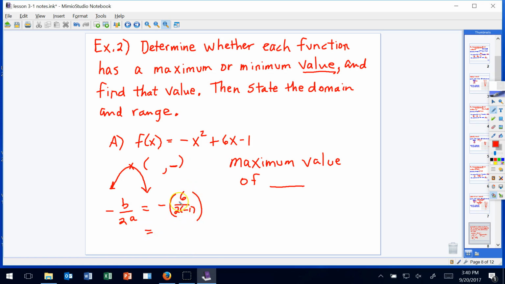In the parentheses I get 6 over -2, which is -3, but don't forget the opposite of -3 is +3. So now to find the y, or the number we're calling the maximum value of this function, we need to put 3 back into the function. We need to find f of 3.